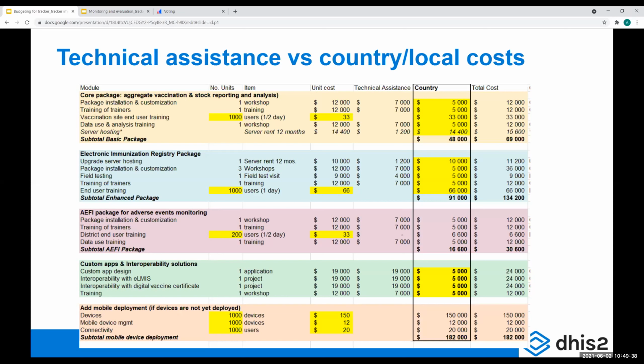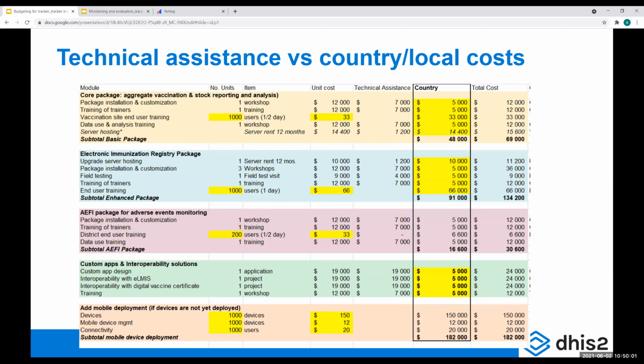You can see here that the cost for package installation and customization is higher than for the aggregate one. Here, we've estimated that you would need 3 workshops instead of 1 workshop to be able to customize the package, because doing tracker is more complex than doing aggregates.